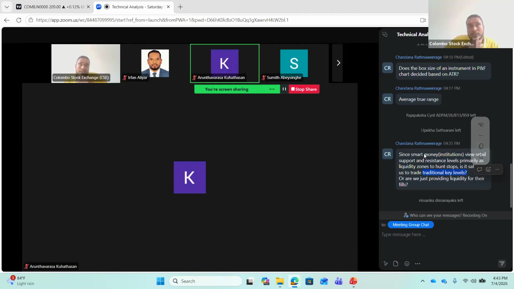They are not very good to place your stop losses or take profit targets, right? For take profit targets, it's okay. But for stop losses, you can't actually place your stop losses at key levels. That's why we usually place stop losses beyond or below the key levels.